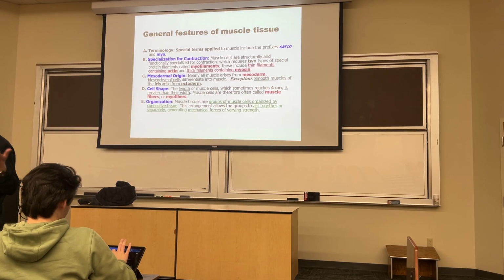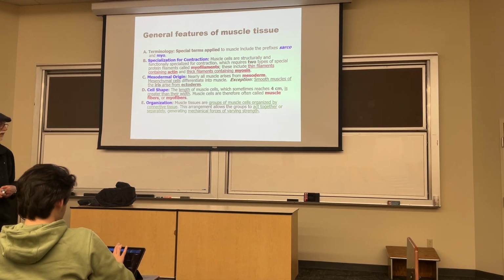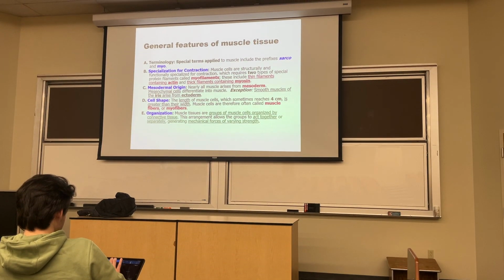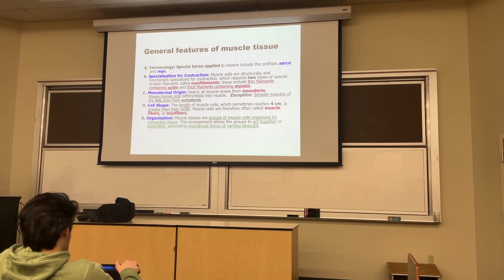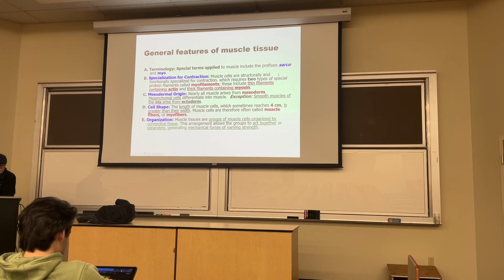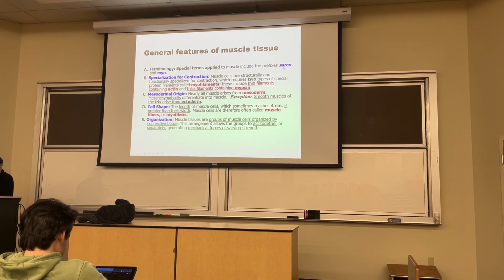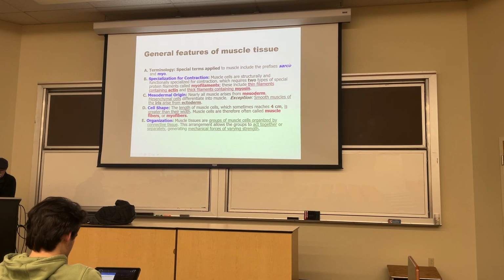Instead of the cytoplasm, we can call it the sarcoplasm, for instance. And so we use this term sarco, and then we also use the term myo when we're talking about muscle in many ways. And so hopefully that won't disturb us too much that we have some of these specialized features, specialized nomenclature, naming.